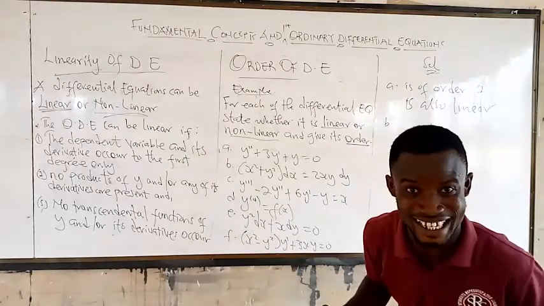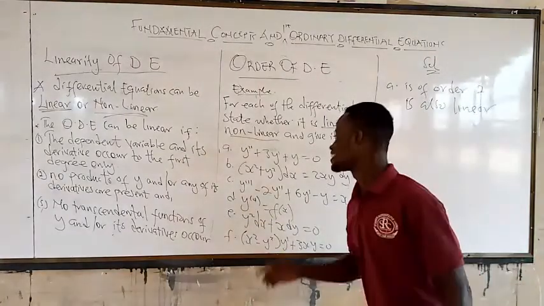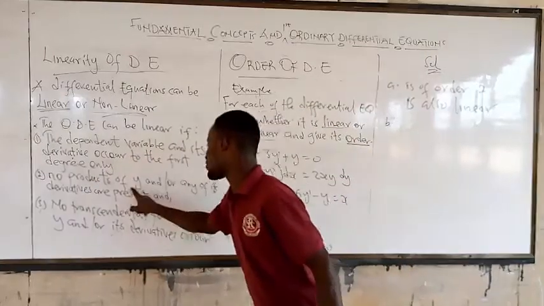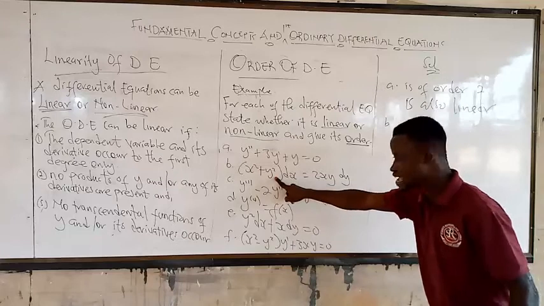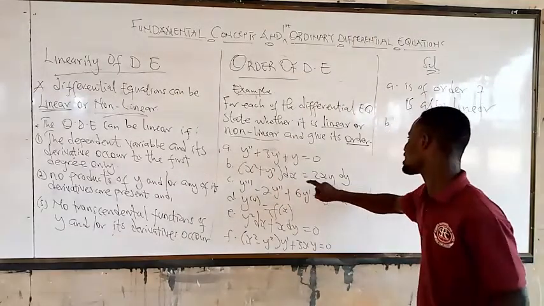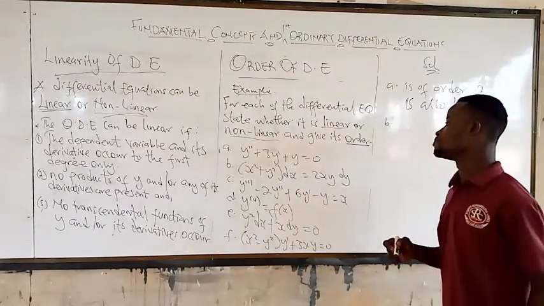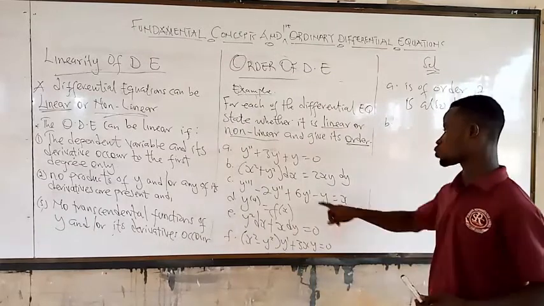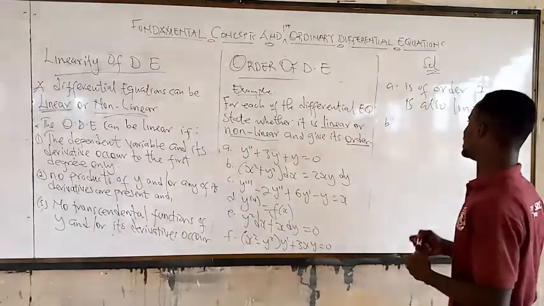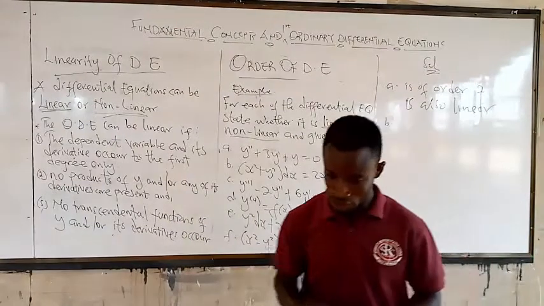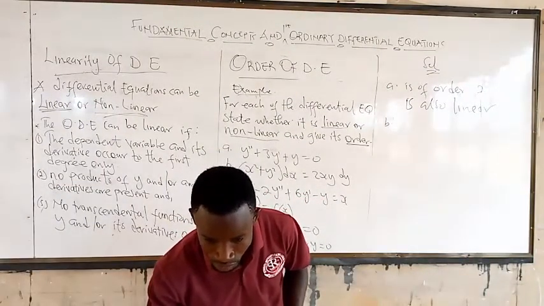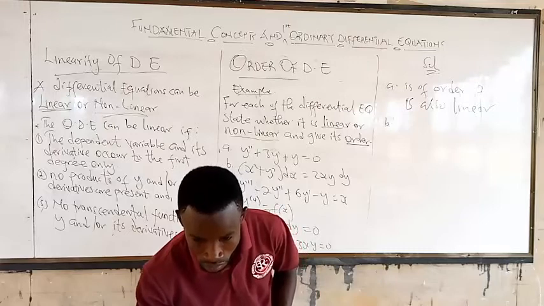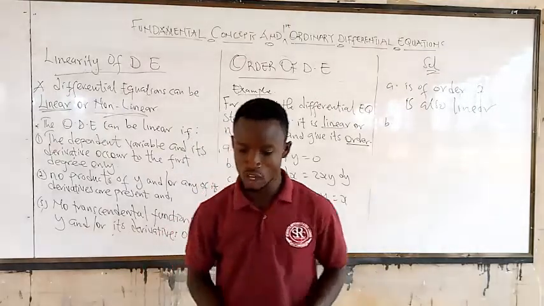B. Straight away, hope you can see that there should be no product of y. But here we have a product of y. So straight away, this is a non-linear differential equation.